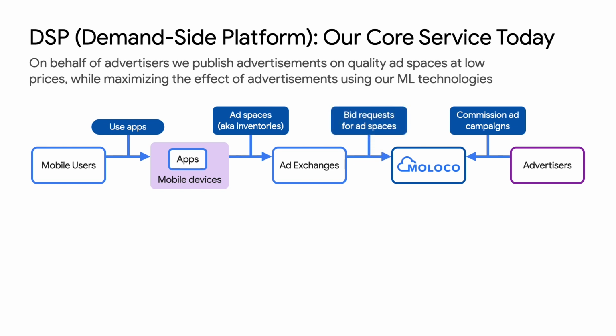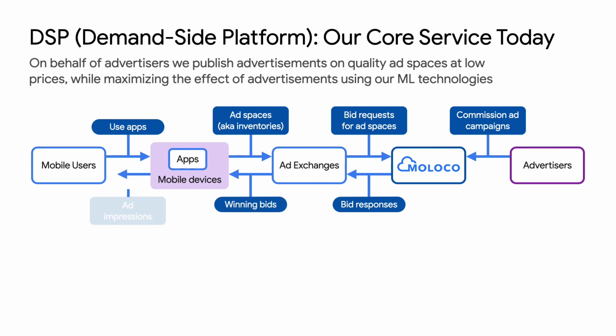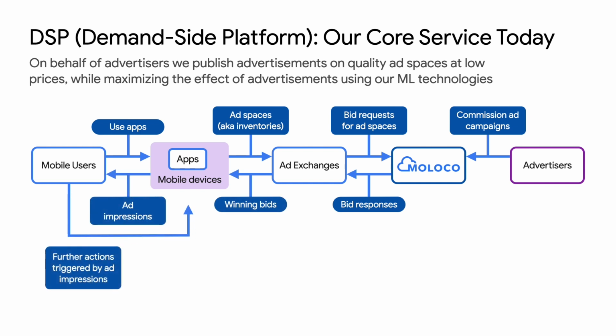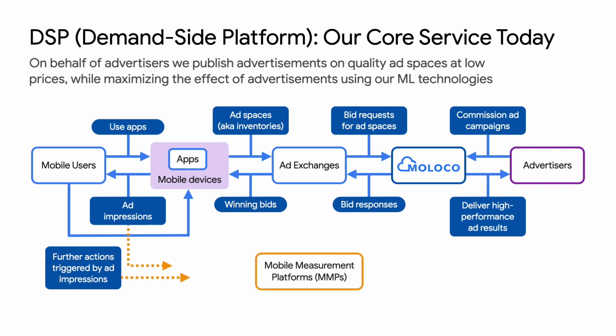We receive these ad inventories not directly but through ad exchanges, and whenever we receive a bid request, we quickly evaluate the value of this ad space relative to our advertisement customers' campaigns, and we use a lot of big data and machine learning technologies to make a decision on whether we should participate in that bidding or not. And if we're going to participate, at what price should we bid, right?